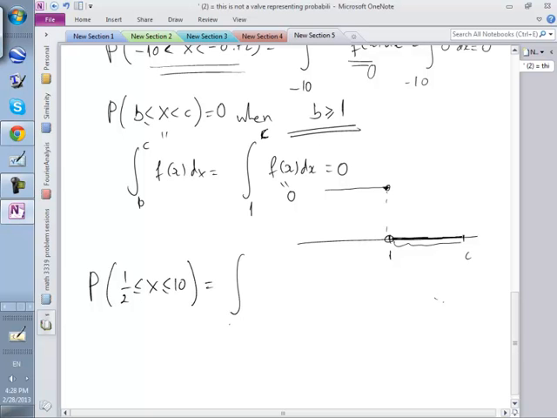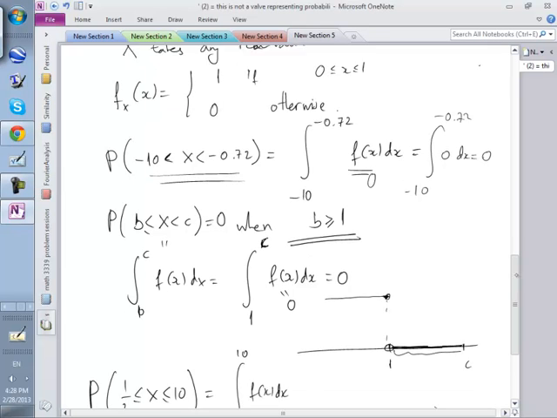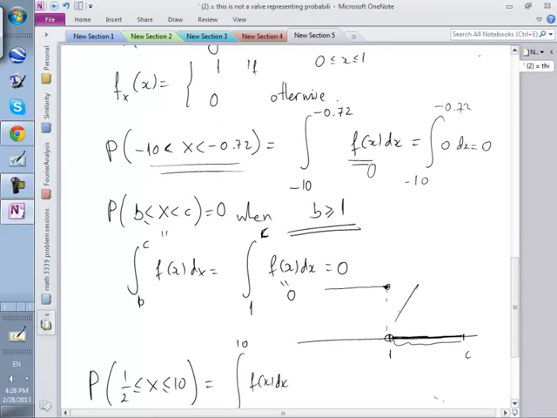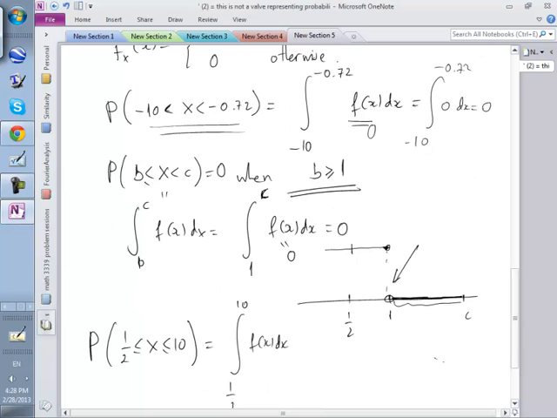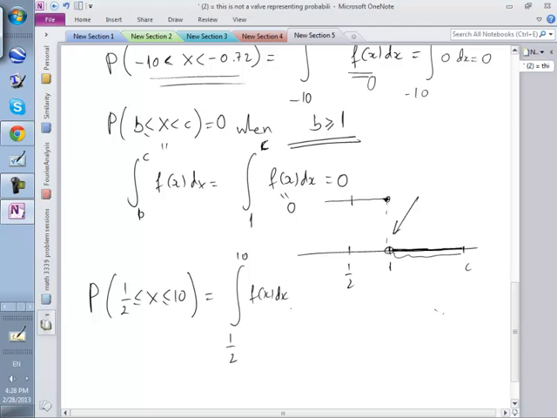And that would have been the integral from 1/2 all the way to 10 of f of x dx. Now, what is the point where f changes value? The point where f changes value is at 1, this point. So I will break my integral from 1/2 to 1, and then I will go from 1 to 10.